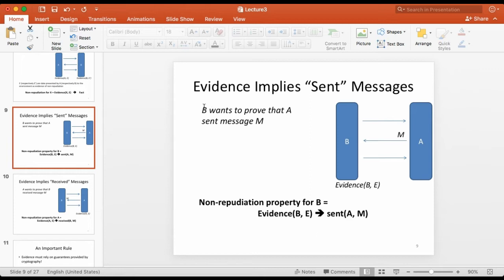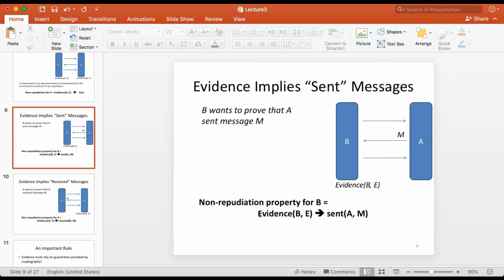The idea here is that, say, sometime during the protocol, A sent a message M to B. In this kind of evidence, B would like to prove that indeed A was the agent that sent message M. This is the evidence it wants to accumulate during the course of the protocol, to be able to produce it at the end, such that it will inform the rest of the world, or the arbitrator, or the outside environment, that indeed A was the agent that sent message M.